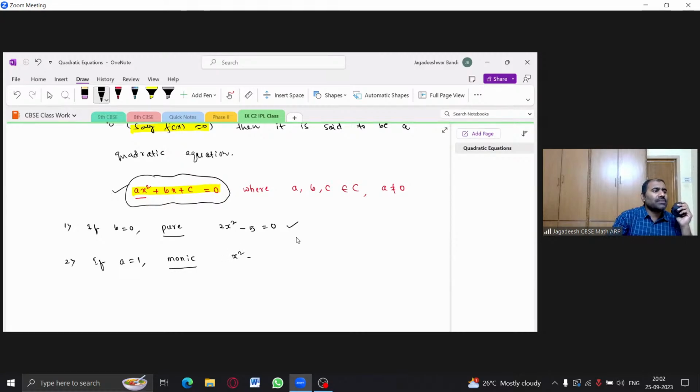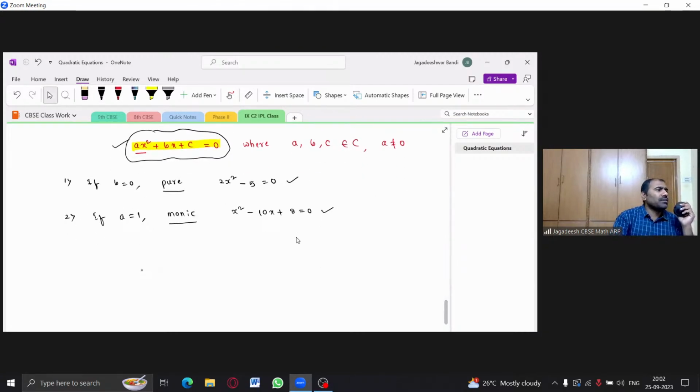Suppose I write x square minus 10x plus 8 equal to 0. See here, a is 1, meaning the x square coefficient is 1. So hence, these types of quadratic equations are called monic quadratic equations. Fine. So next one, third one, we have complete quadratic equation.